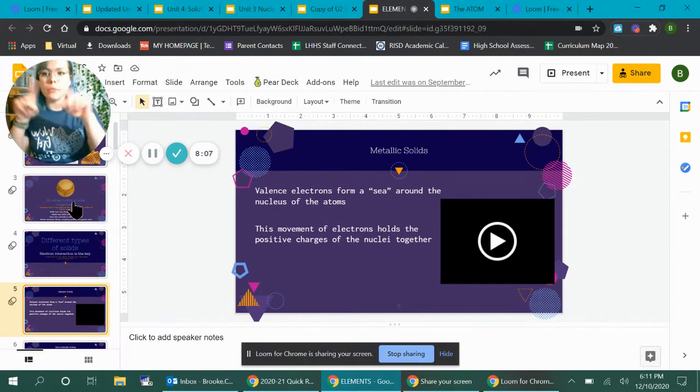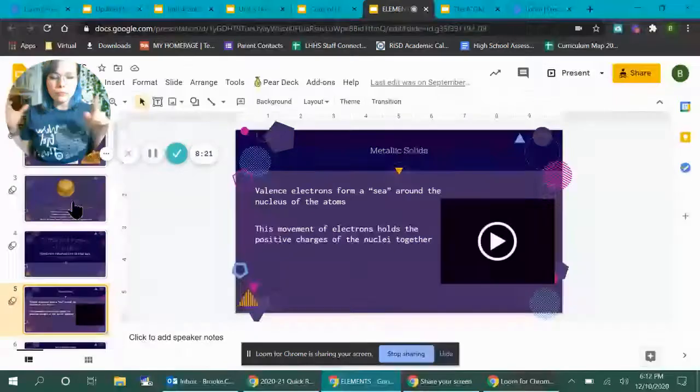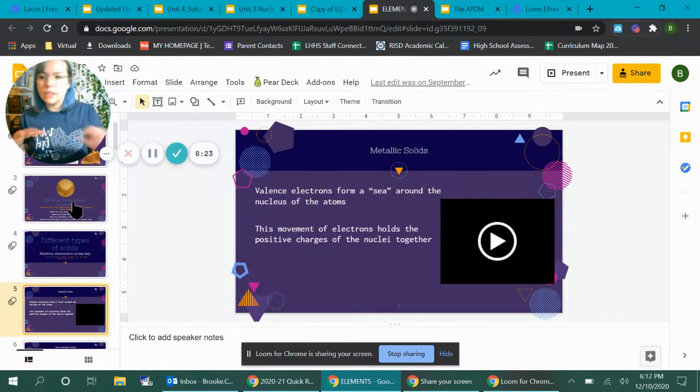They're in a sea, moving around those positive nuclei of the metal atoms, and so it keeps it together, but it also gives it specific properties. They're all kind of sharing those electrons. The electrons can move around. That makes it a good conductor of both electricity and heat. It also makes them malleable and ductile. Remember, malleable is able to move. Ductile, we can turn it into wires and it's still the same material.